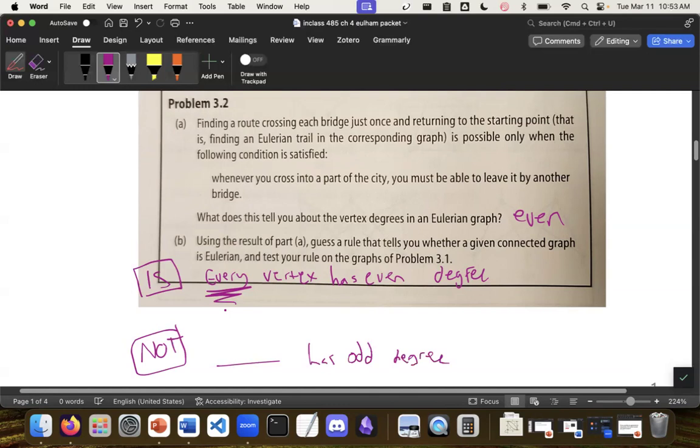The opposite of that statement is that, yeah, at least one. Since everything needs to have even degree, if there's at least one vertex with odd degree, then it's not Eulerian.